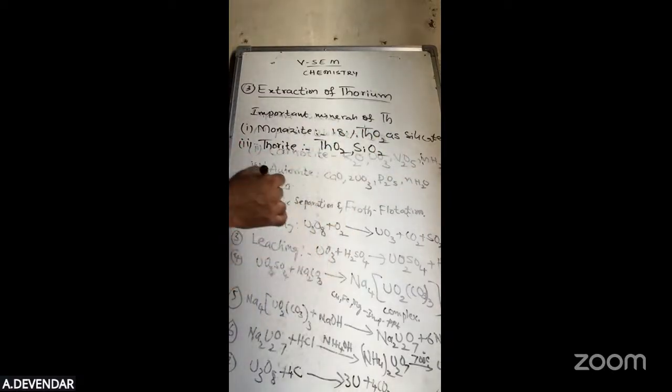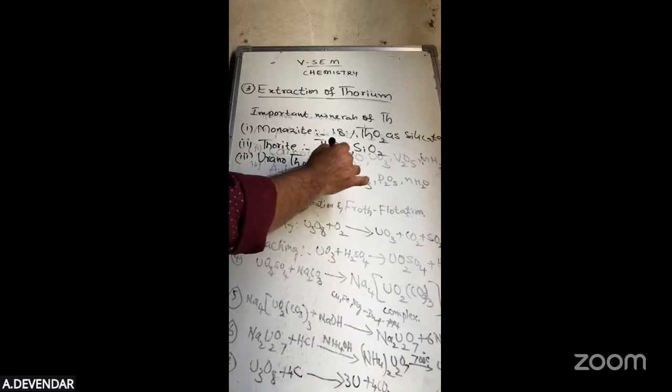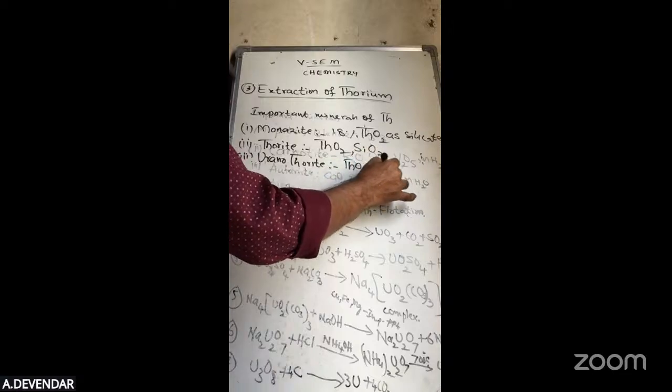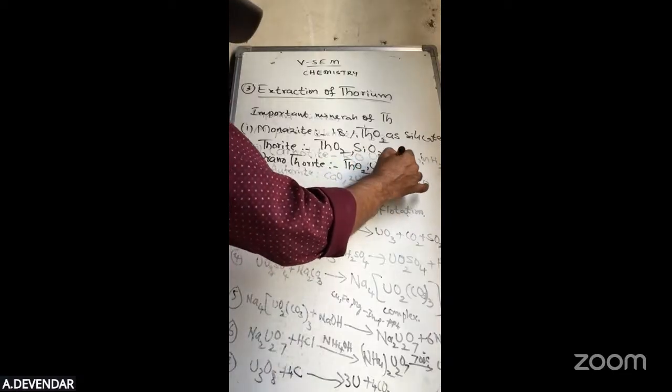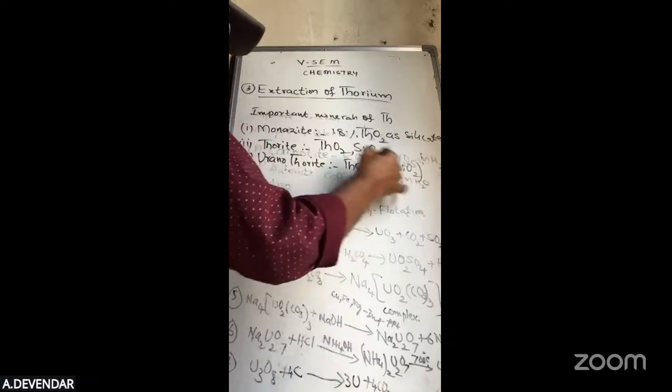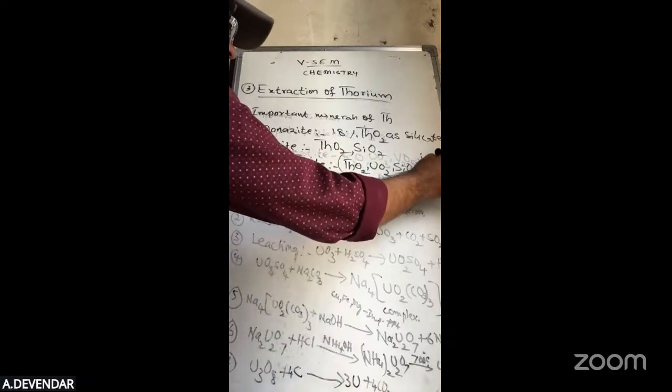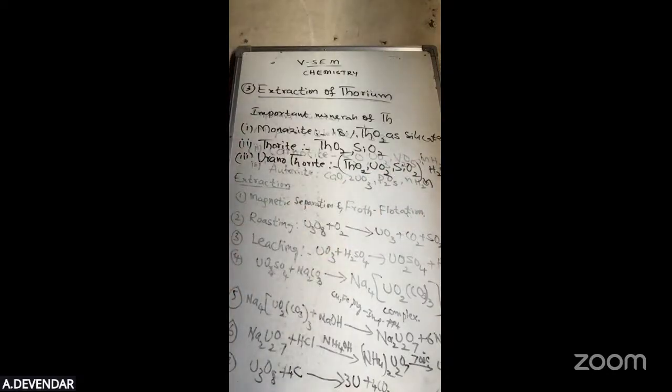This is thorium silicate, and third is uranothorite, in which the mineral formula is thorium oxide, uranium oxide, and silica, n times, and water molecules will be present. This is the mineral formula. Okay.